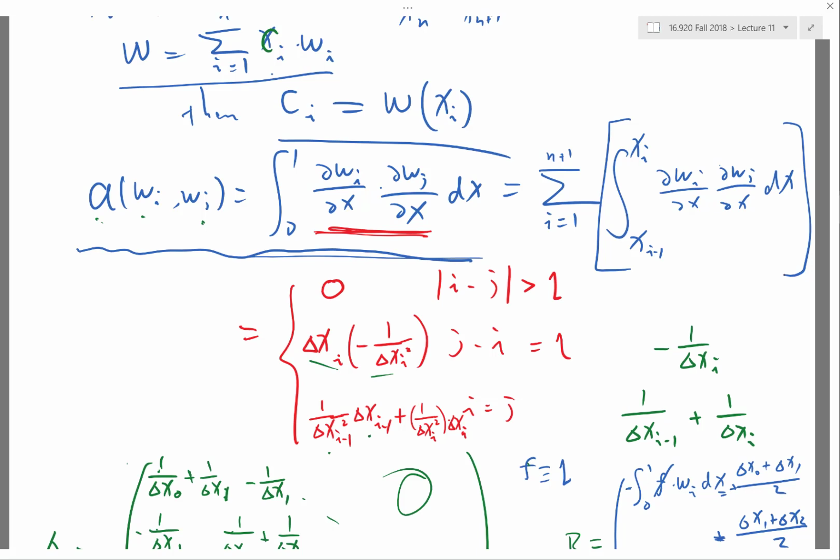Okay? So first of all, this is a very, very sparse matrix most of the time. Why? Because there are usually only very few basis functions that are non-zero within a particular element. Right? In the one-dimensional case, can somebody tell me how many non-zero rows and how many non-zero columns this matrix has for a particular i?